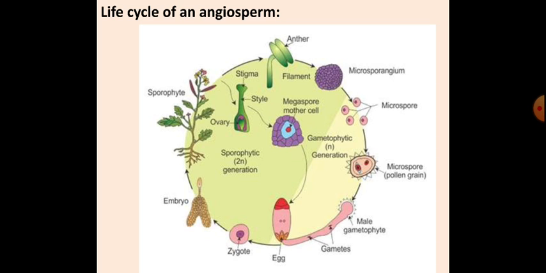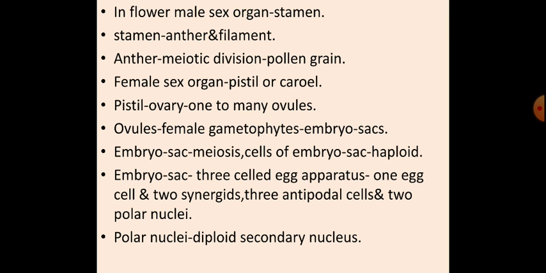Microsporangium will form microspores, that means it will undergo meiotic cell division and form the pollen grain. Male gamete is formed. So the male sex organ is called stamen. Stamen consists of a filament and an anther. The anther will undergo meiotic cell division and produce pollen grain.